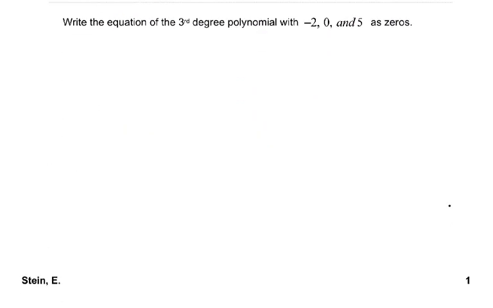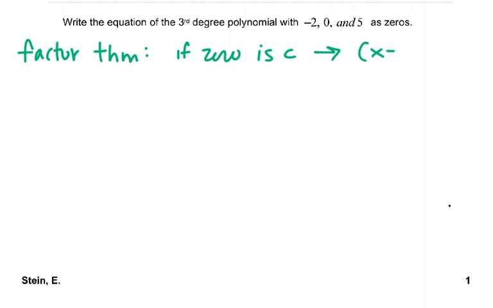And this first example is pretty simple here. We're going to write a possible equation of a third degree polynomial with -2, 0, and 5 as zeros. And so what we know from the factor theorem, up above and from a previous section, is if the zero is c, then x minus c is a factor.